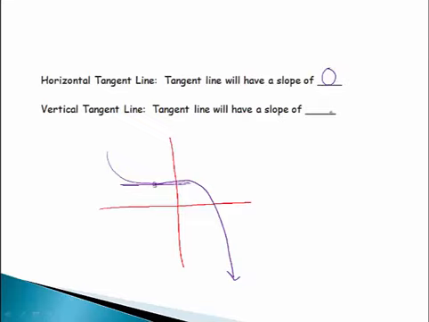Okay, well, how do I get these tangent lines? Well, in order for my slope to be 0, remember slope would be 0 over some number. That means that my numerator must be 0.